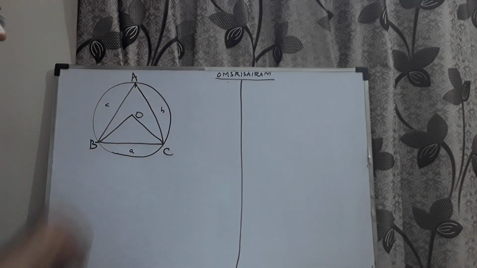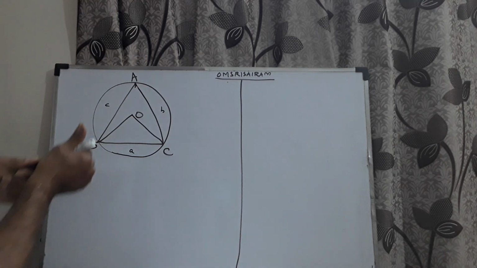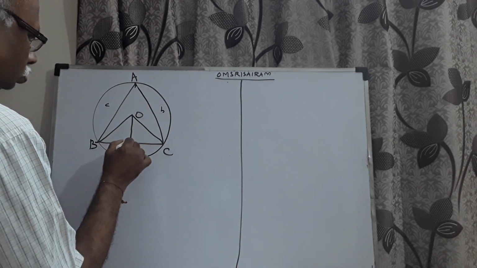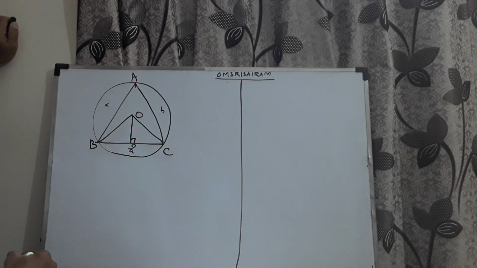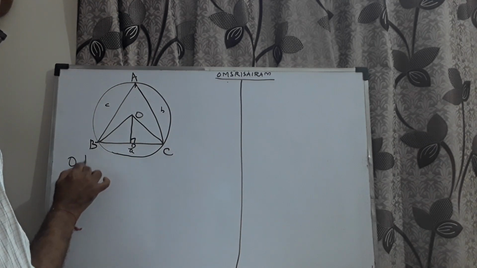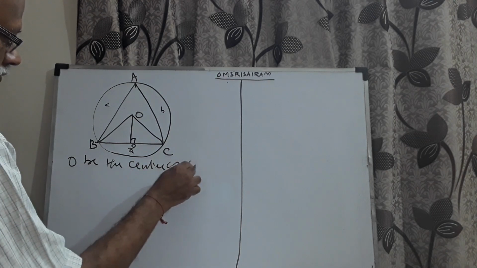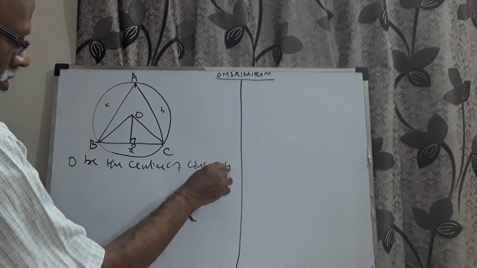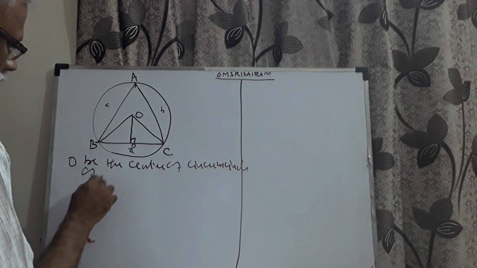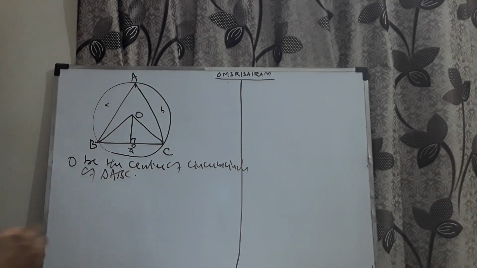Just see here. Let me draw OD perpendicular to BC. Listen carefully. O is the center of the circumcircle of triangle ABC.